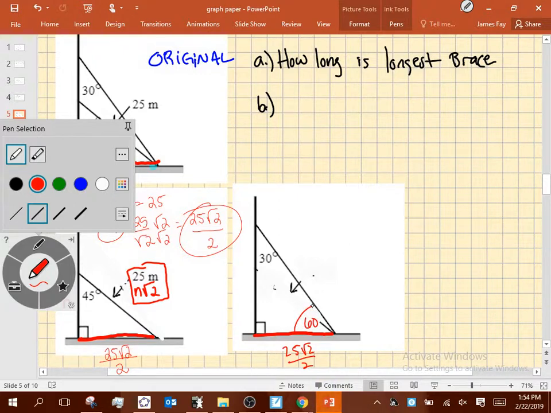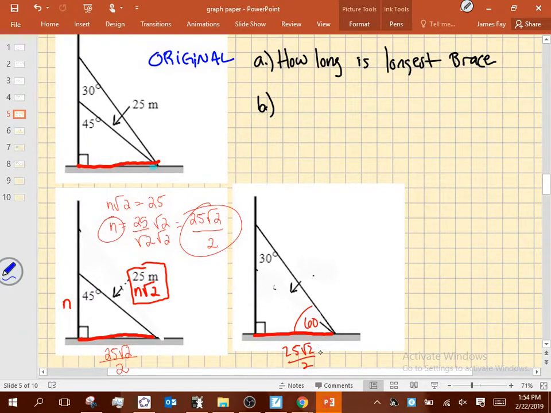That angle there is 60, right? In a 30, 60, 90 triangle, what is the side across from 30 always going to be called? n. What's the hypotenuse always called? 2 times n. Okay? And then this side over here is always going to be n radical 3.